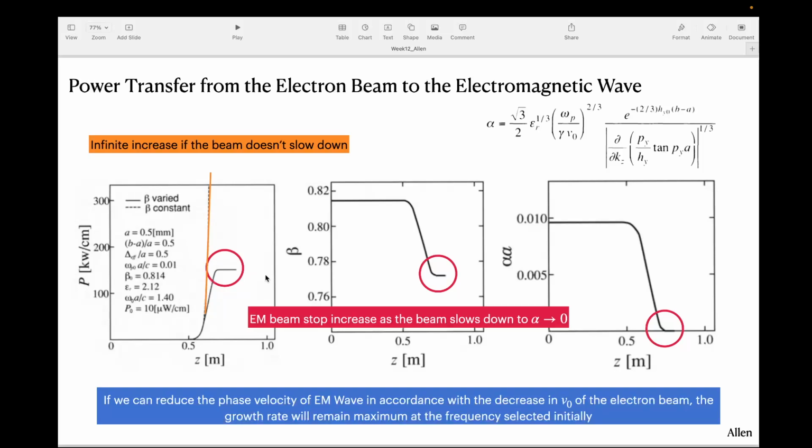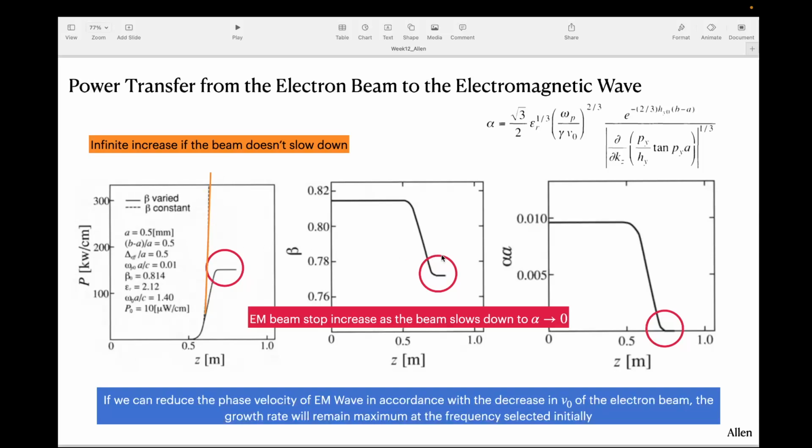But if the drift velocity doesn't decrease, as in the orange line here, where we say that beta is a constant, it is not practical. A more practical way to do this is that rather than trying to keep the drift velocity constant, we can try to slow the phase velocity of the EM wave down across the amplification region.